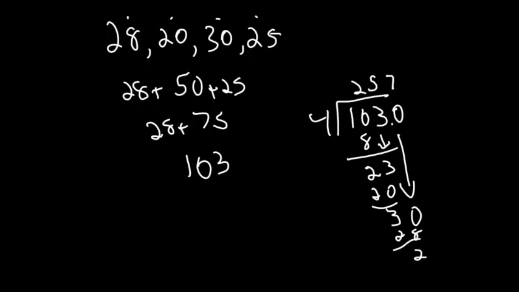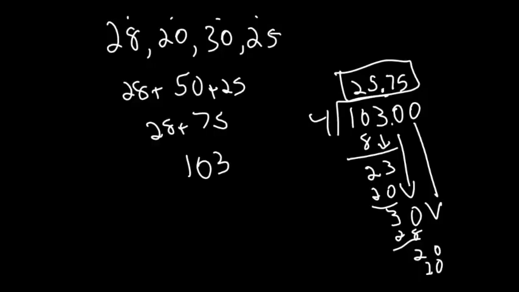Subtract, I get a 2. One more 0. Bring it down. 4 goes into 20 5 times, which is exactly 20. So my decimal ends there. Bring my decimal straight up. I get 25 and 75 hundredths as my answer for the mean. Remember, when you're dividing, you got to be able to divide and get a decimal answer.